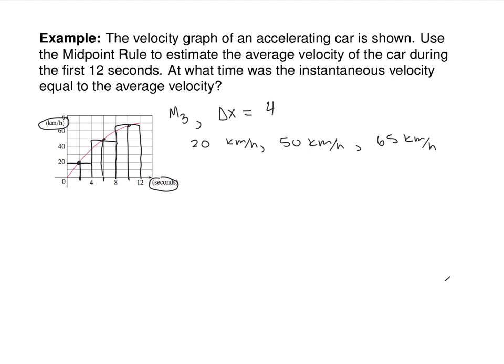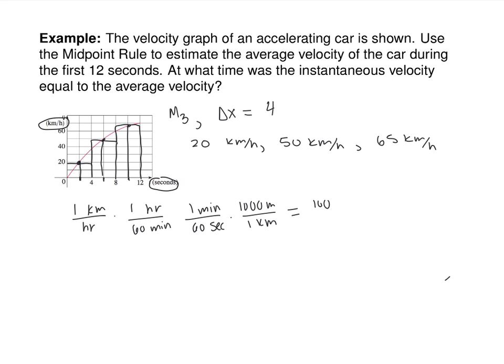So we need a conversion factor. So 1 kilometer per hour is equal to 1 hour per 60 minutes, 1 minute per 60 seconds, and the labels cancel, leaving us just with, now we'd have kilometers per second. And then change the kilometers into meters, and we have 1,000 meters in 1 kilometer.